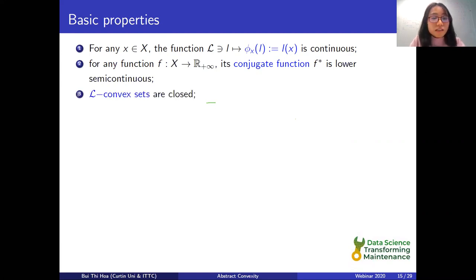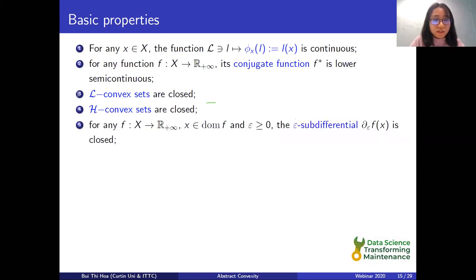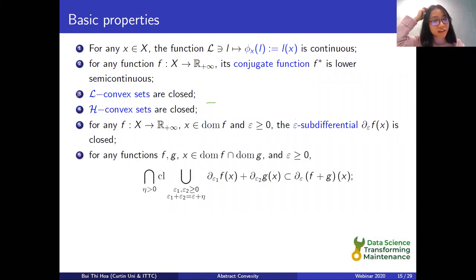All the L-convex sets and the H-convex sets are closed with respect to that topology, and all the subdifferentials are closed as well. And then how about the sum rule? Do we have the equality yet? The answer is still no. We still have this inclusion. But keep in mind that this set is already bigger than the set before, so we are almost there.